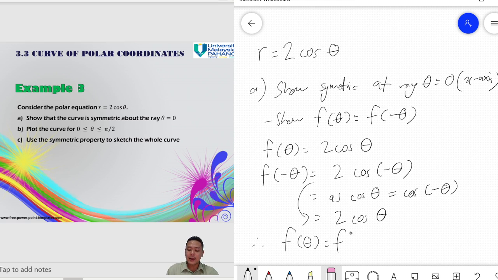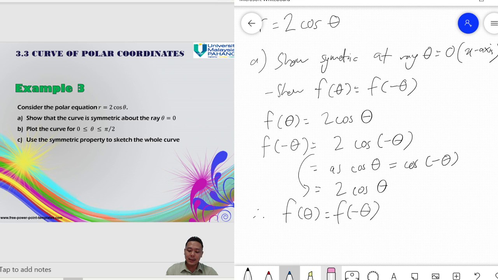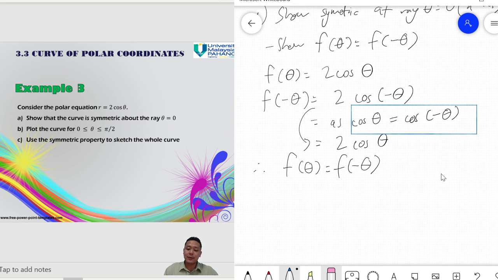So shown actually based on this simple proof by using this property that actually they are similar. So yes, it is symmetric at ray theta equals to 0.